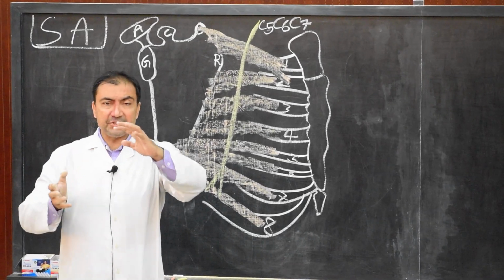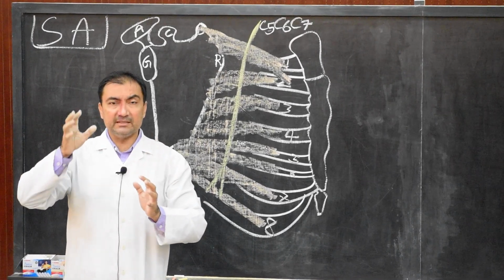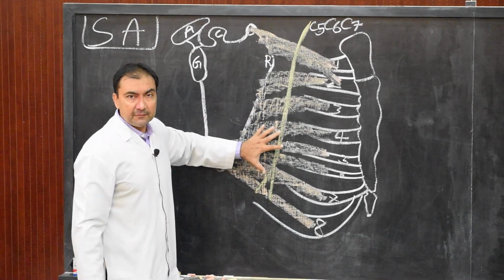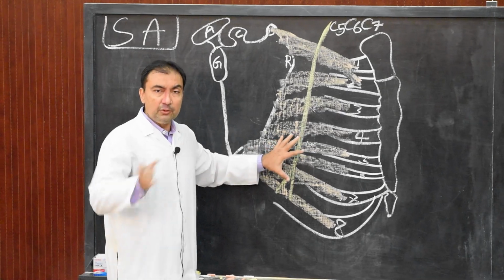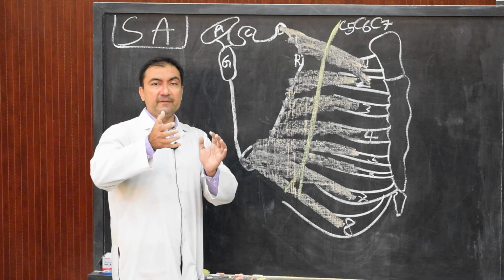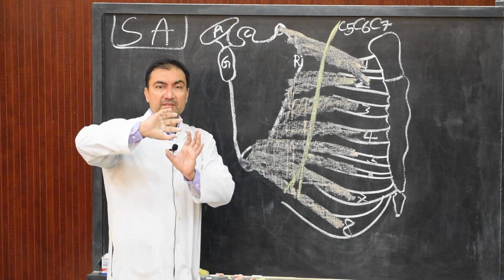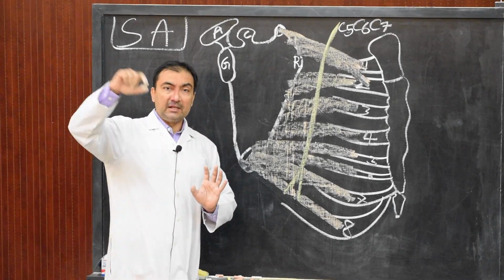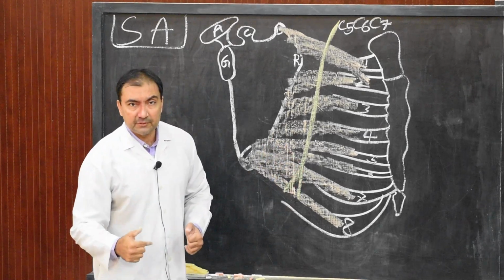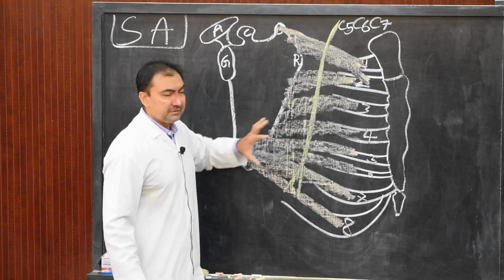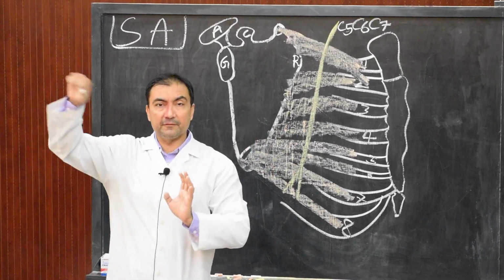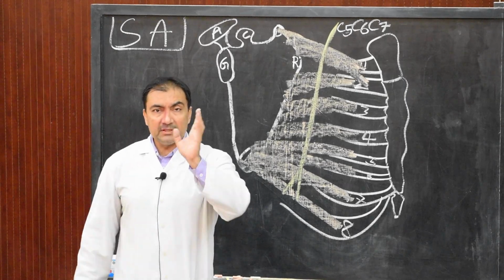Mainly the lower digitations of serratus anterior, along with the upper and lower fibers of trapezius, help in this rotation of the glenoid cavity during abduction of the arm. And now the applied anatomy.